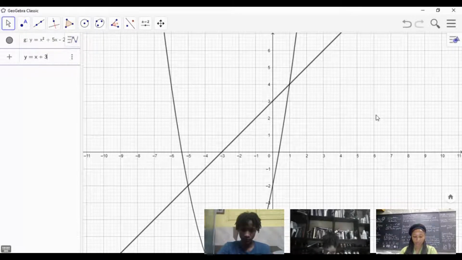What are the solutions? Remember, the solution is where the linear intersects with the quadratic.